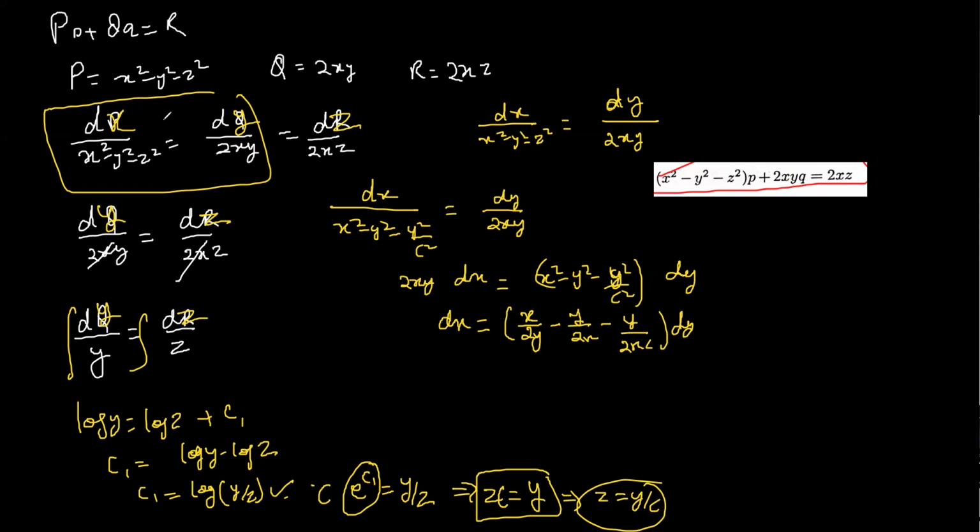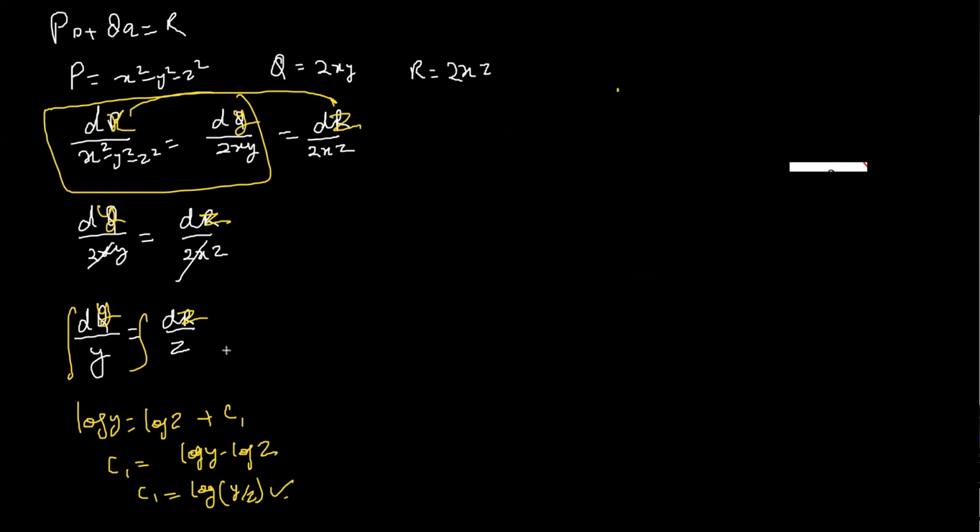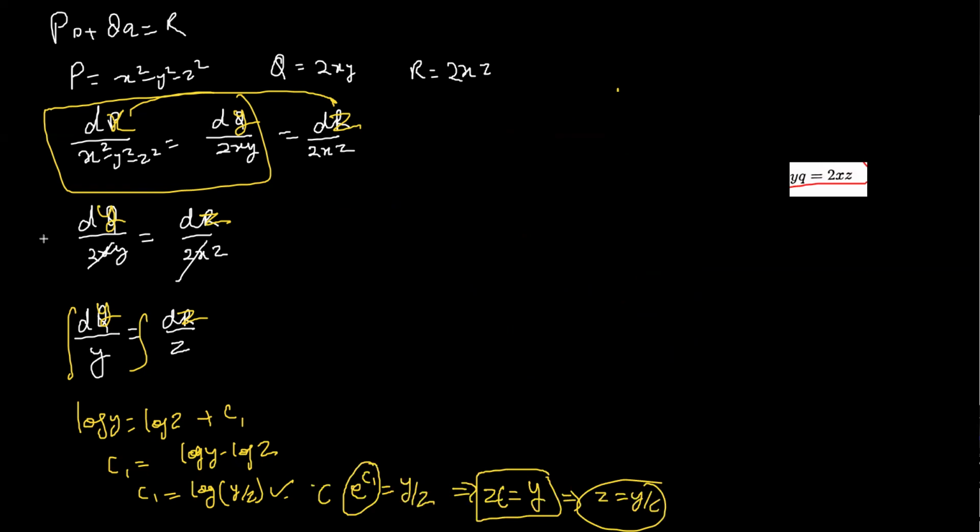If this part is not solved, then take this part. Let's try this. dx upon x square minus y square minus z square. What is z here?